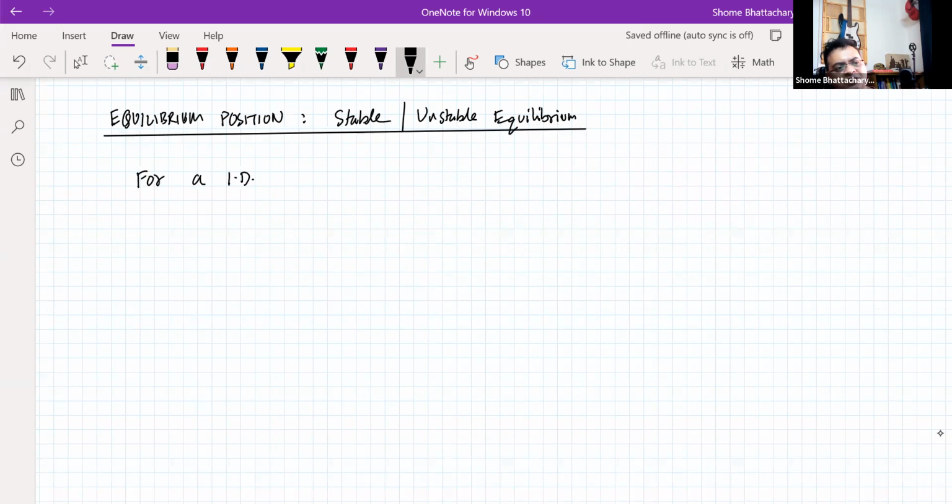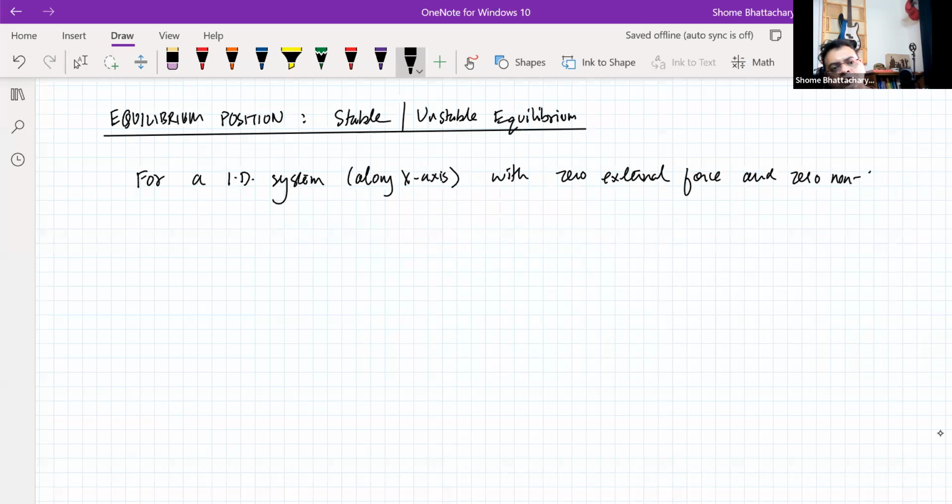For a one-dimensional system with zero external force and zero non-conservative force, what that means is basically the net force is the internal conservative force.